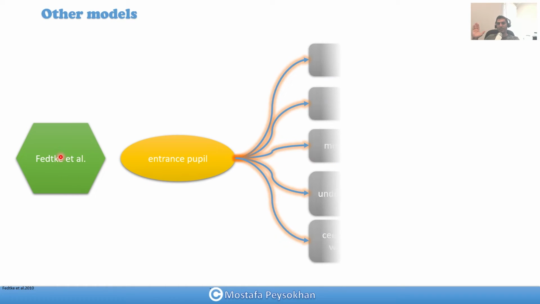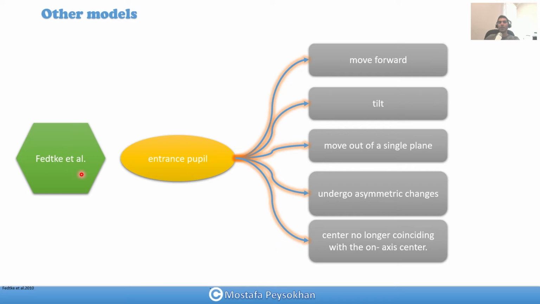But in reality, it's not like this. This research group did a lot of research about the entrance pupil. During the accommodation process, and when we look at different objects at different angles, a lot of things happen.